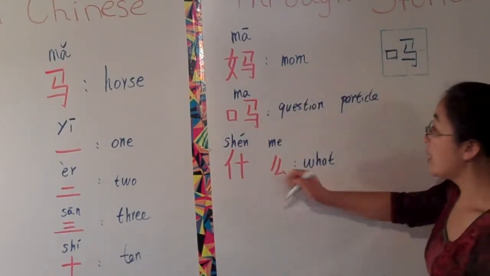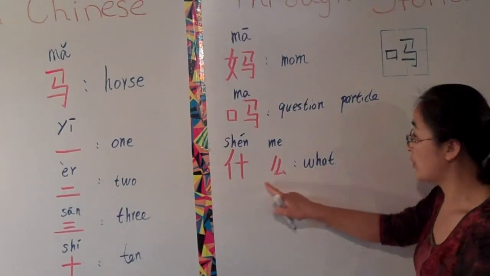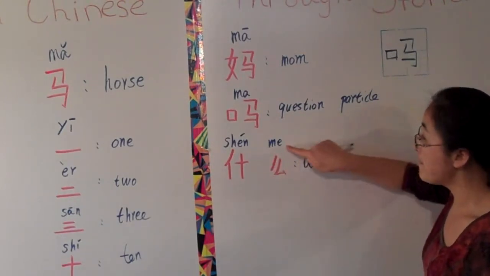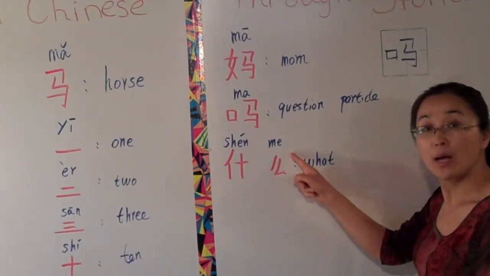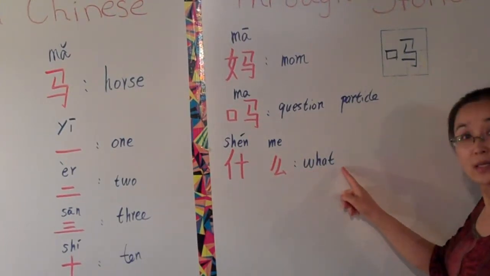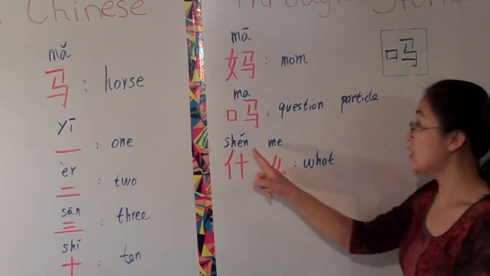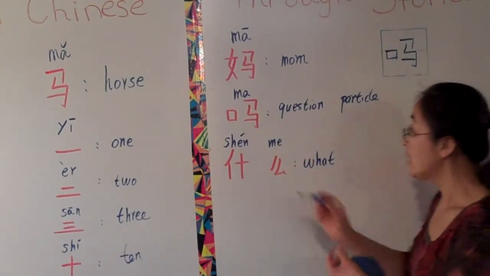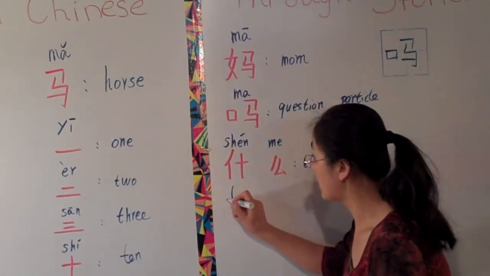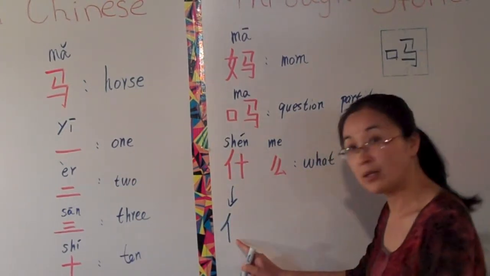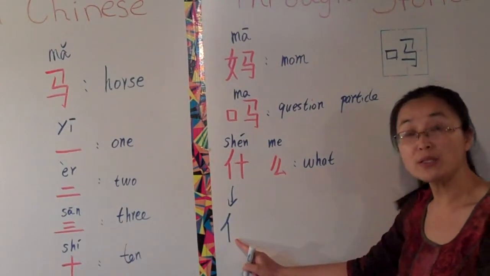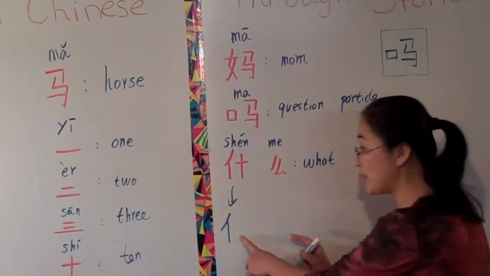Here, these 2 characters, 什么, it means what. What? 什么? 什, this character is made up of a person radical. You are right, this one means person.